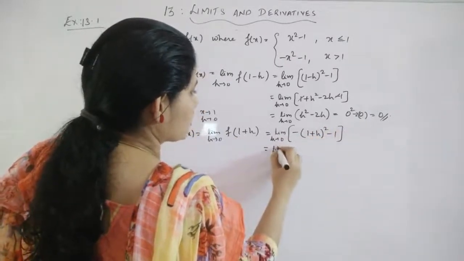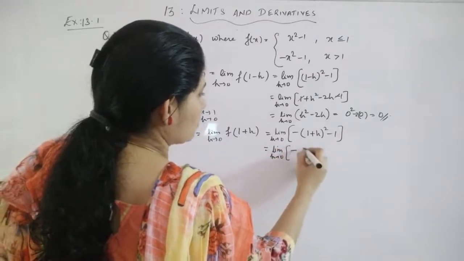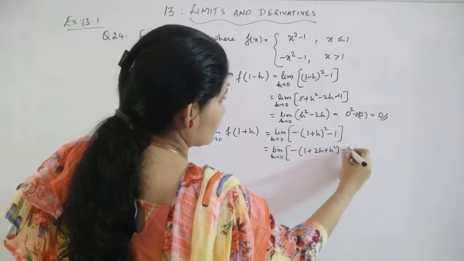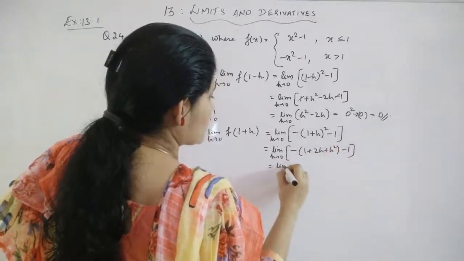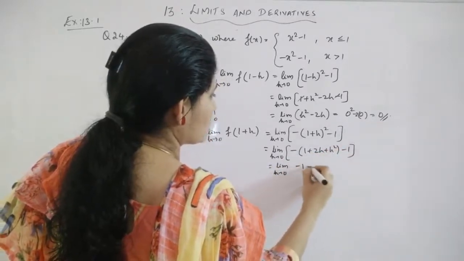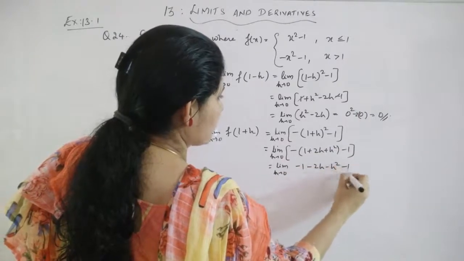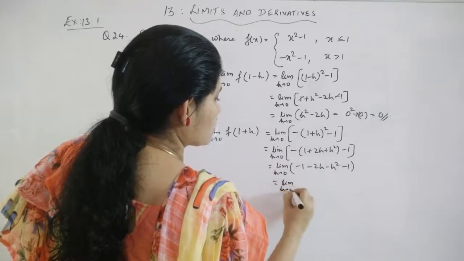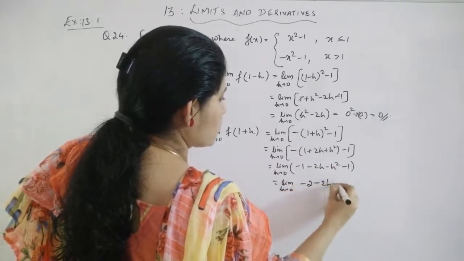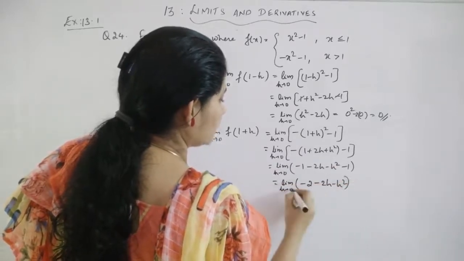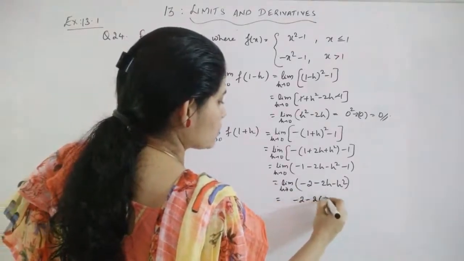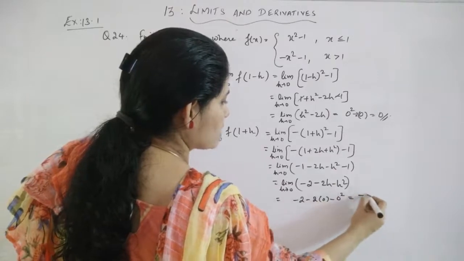So limit h tends to 0 of minus of 1 plus 2h plus h square minus 1, which is equal to limit h tends to 0 of minus 1 minus 2h minus h square minus 1. Now this is limit h tends to 0 of minus 2 minus 2h minus h square. Replacing the value of h, you will get minus 2 into 0 minus 0 square, which is minus 2.